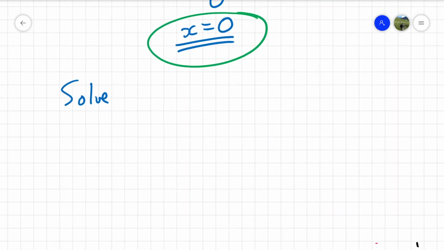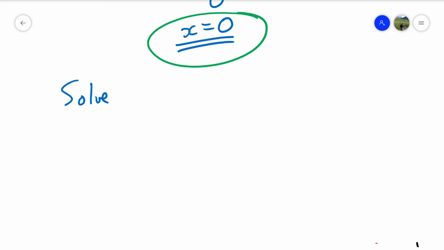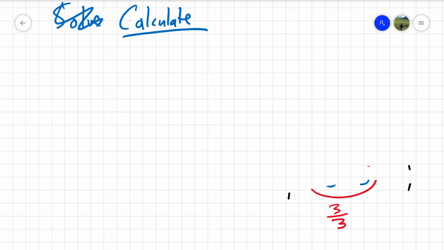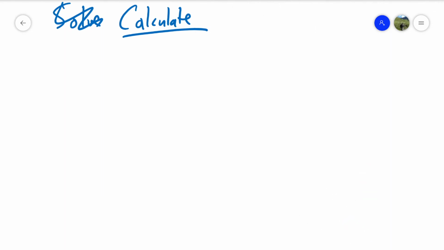I'll clean up the whiteboard in a minute. Oh, this is a calculate question. It's not a solve question. So I'm going to give you a whole bunch of calculate questions. You can have a go at them in your own time.